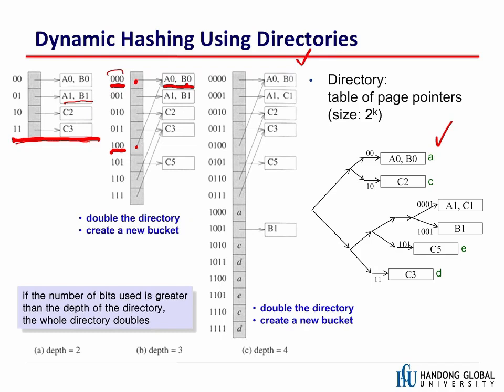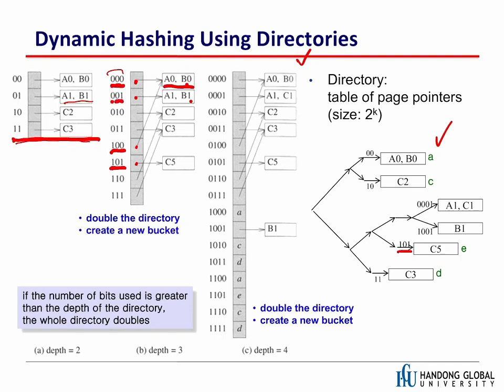Now C5 had an overflow problem with this bucket. Now C5 is here. Look at this one. It corresponds to a trie tree. So C5 is pointed to by this directory with 101, and A1, B1 is pointed to by this directory which has 001.